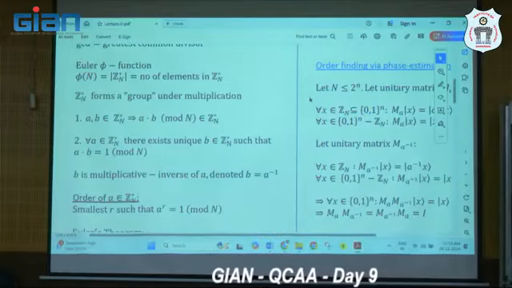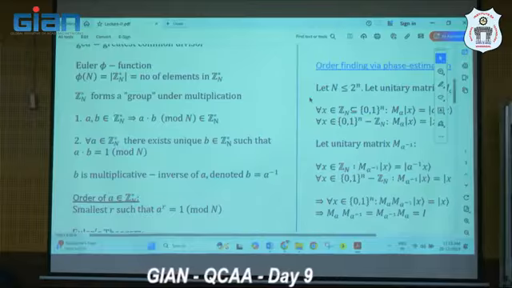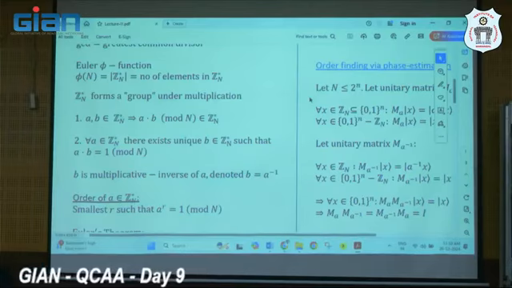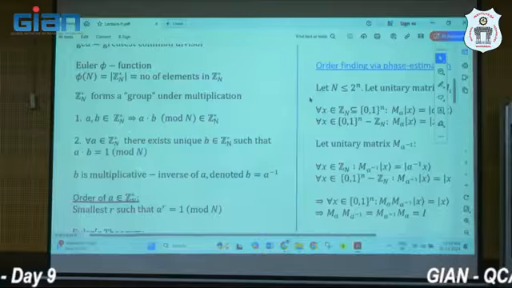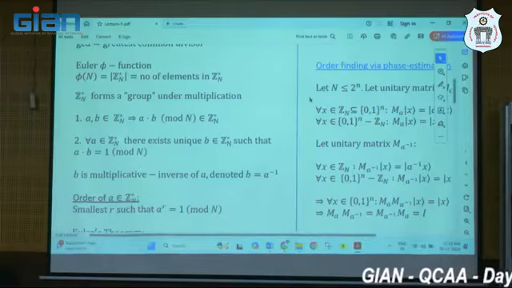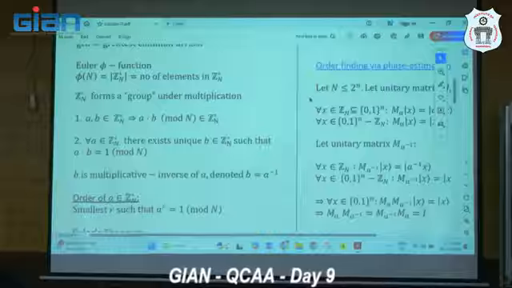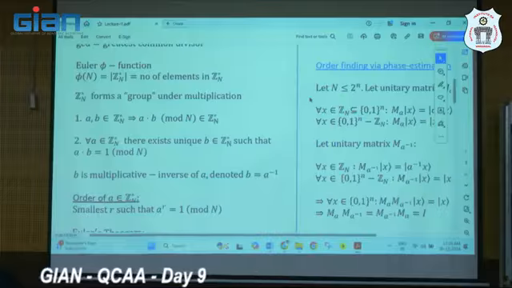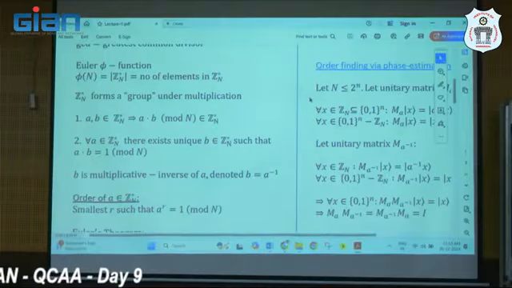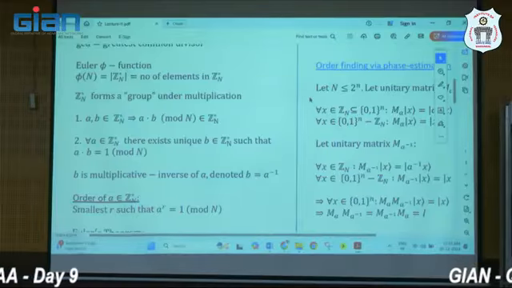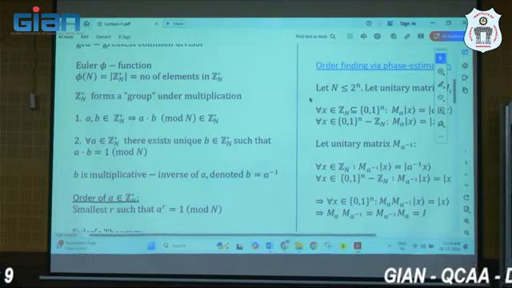Agreed? If A and B are in Z star n, then A times B, it is group under multiplication, A times B is also in Z star n. Then for all A in Z star n, there exists a unique B such that A times B is 1 mod n. That is, B is the multiplicative inverse of A. A is the multiplicative inverse of B. Okay. Alright. B is A inverse. Correct? Clear?